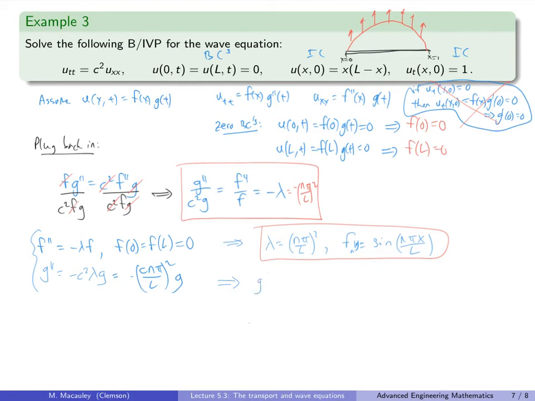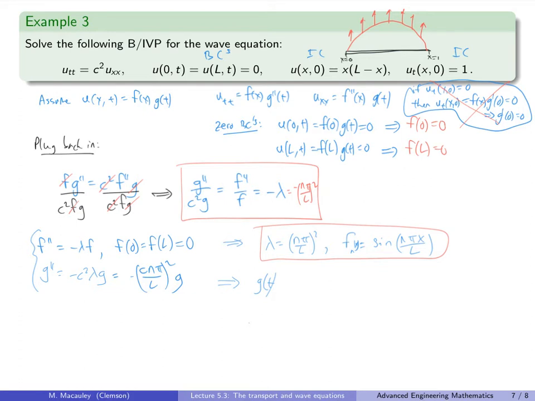This is something you should be able to do in your head. g double prime equals negative k squared g, so you know that g(t) equals a cosine of kt plus b sine of kt.